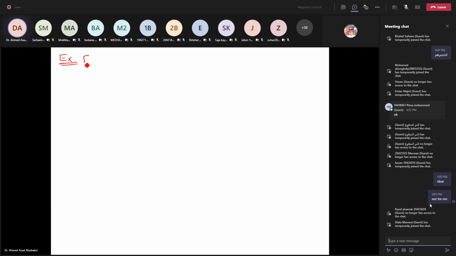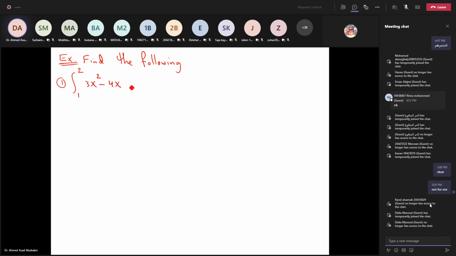Example, find the following. Number 1, from 1 to 2 of 3x squared minus 4x plus 1 dx. The solution: we need to find the integral for these terms.